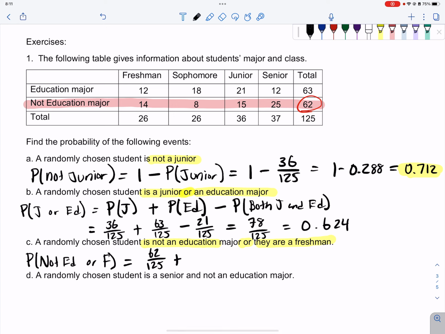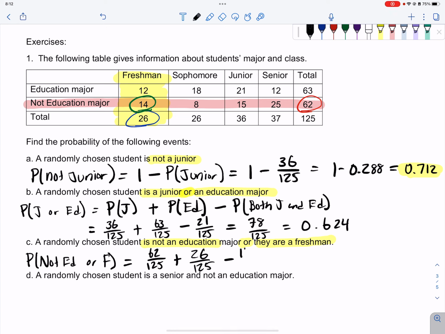And then I want to add on the probability that they are a freshman. Well, our freshman column has a total of 26 students. So we have 26 out of 125 for freshmen. But now, once again, we have overlap that we need to subtract off, because these 14 students that are both freshmen and not education majors have been double counted.